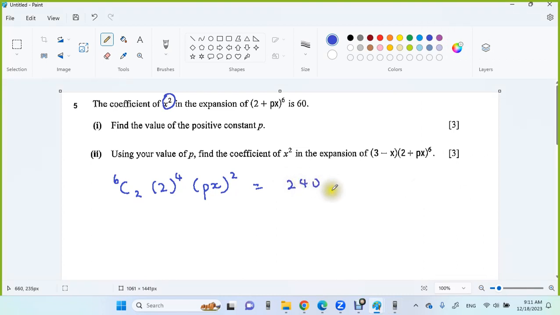So 240 p squared x squared. So the coefficient for x squared will be 240 p squared.